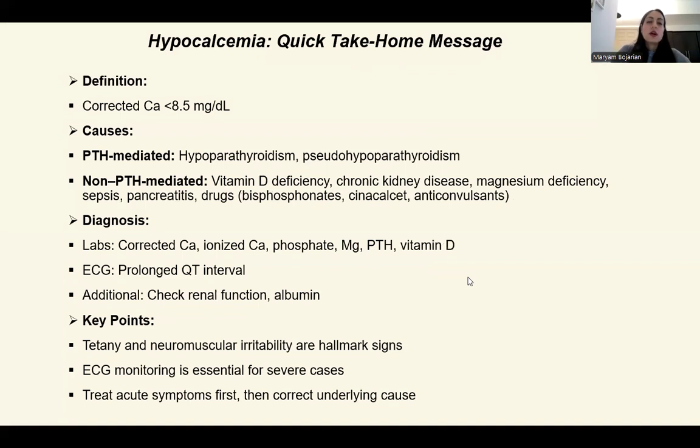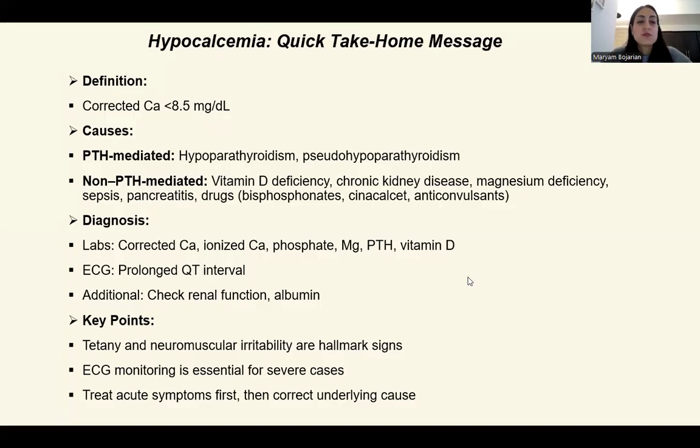Okay, just some quick take-home messages. Hypocalcemia is usually a corrected calcium level less than 8.5 milligrams per deciliter, but it can be a little different from assay to assay. And if you have hypocalcemia, always make sure that you order PTH. This is the first lab that you need to order because you want to figure out if this is PTH mediated or non-PTH mediated.